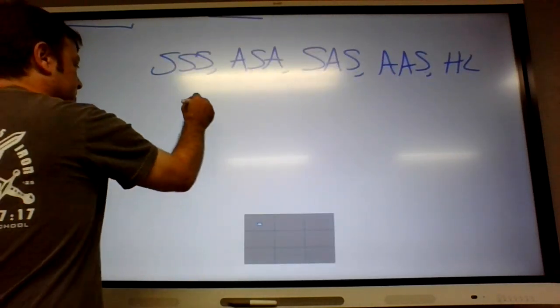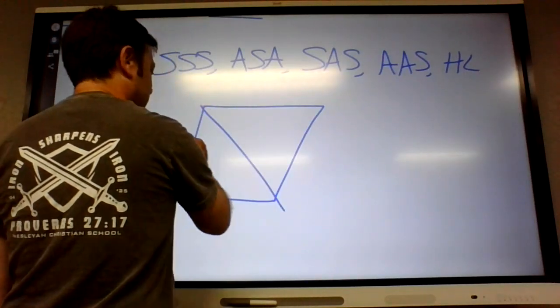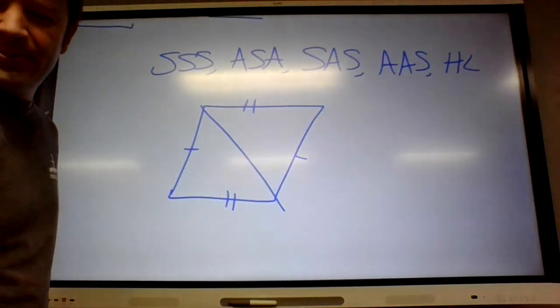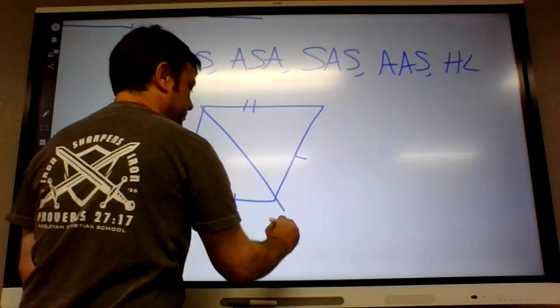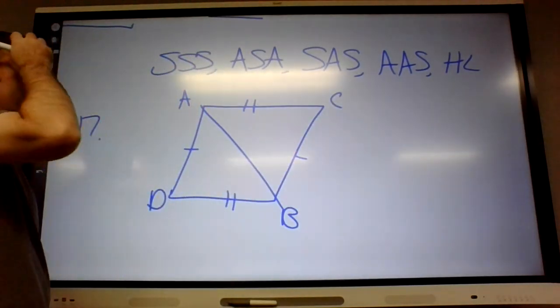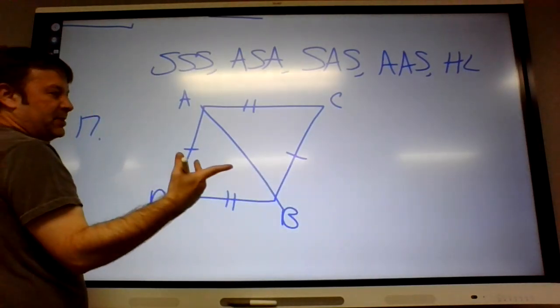17 looks kind of like this. A, B, C, D. Alright, so, are these triangles congruent? Oh, let me ask this first.